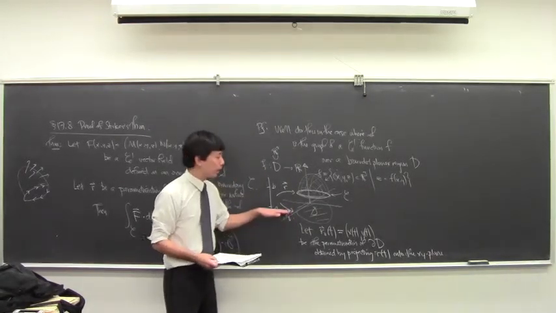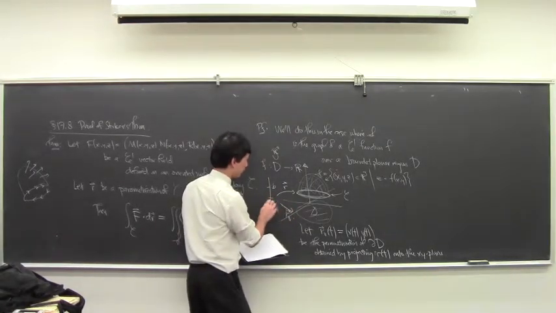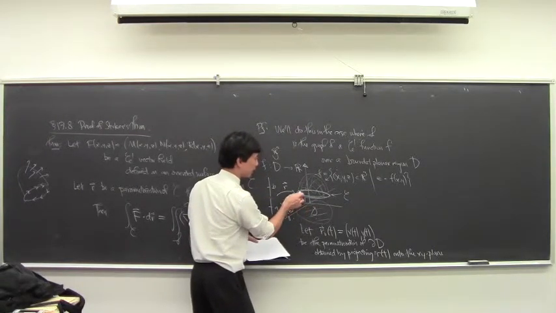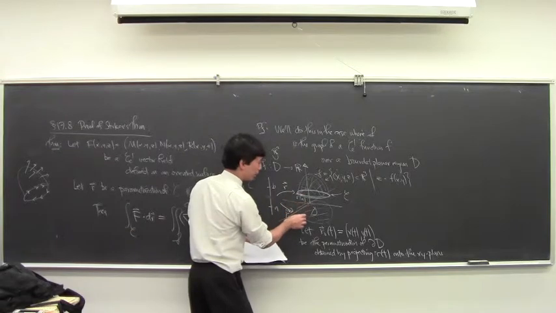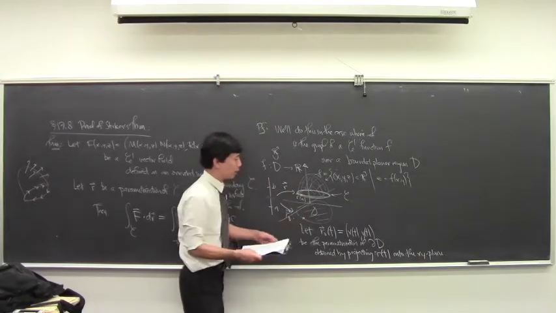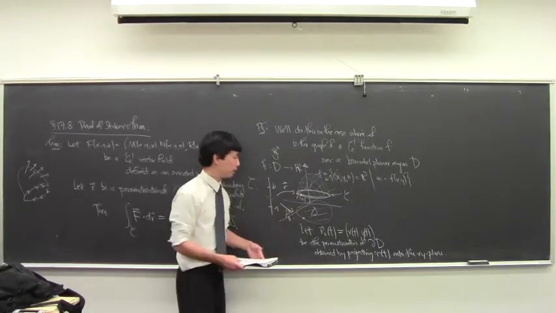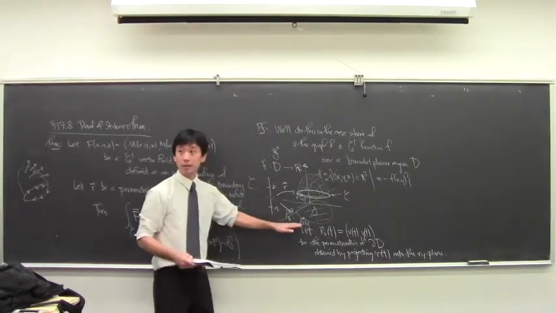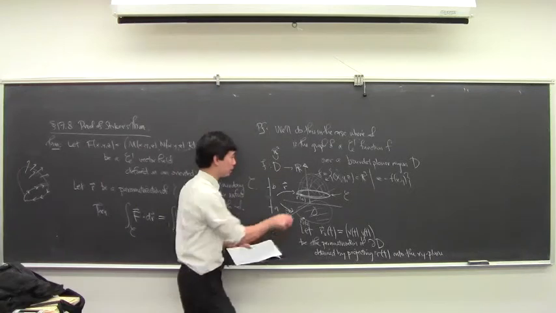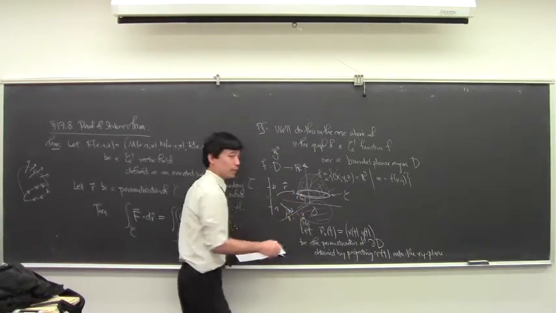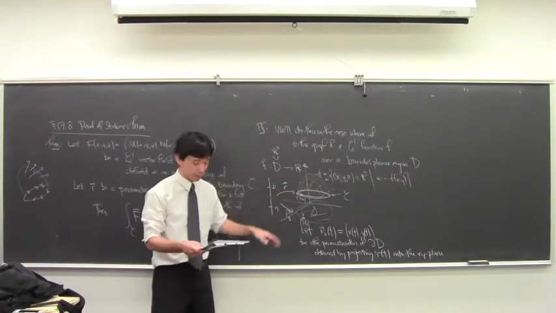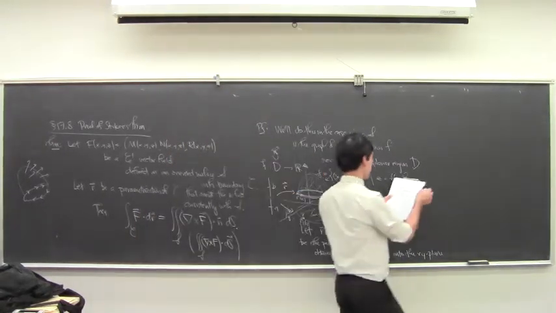So let's say that r(a) is here, and it goes around, comes back to r(b). r naught is going to do the same thing on the boundary of D down here. So this is going to be r naught of a. It's the perpendicular projection downwards of this guy.